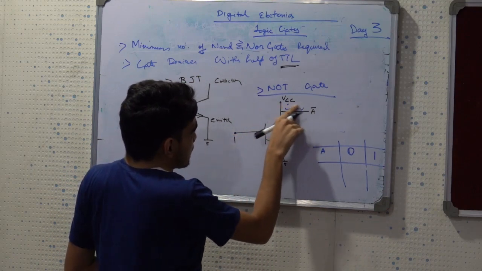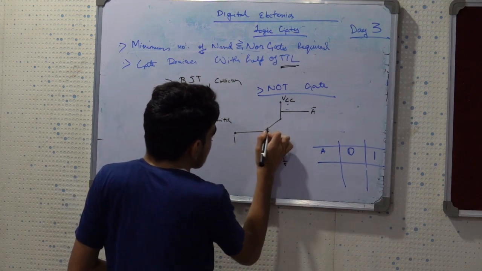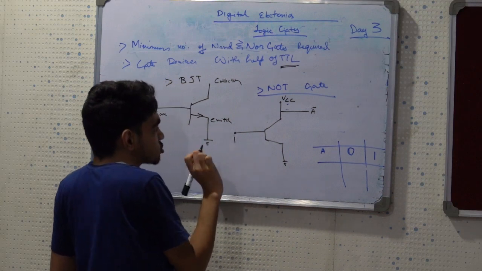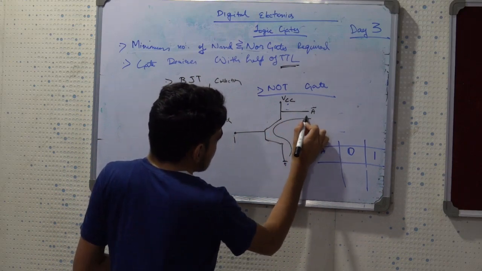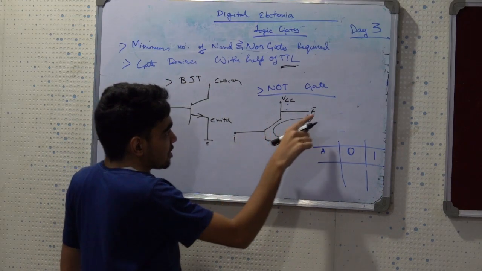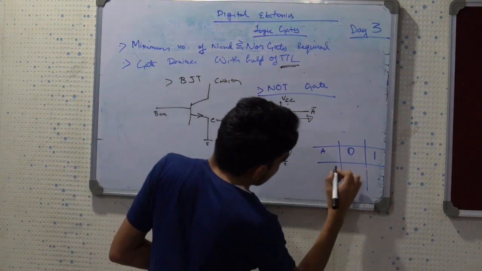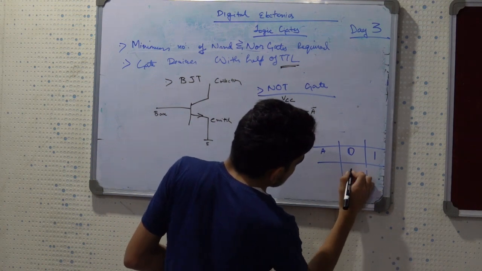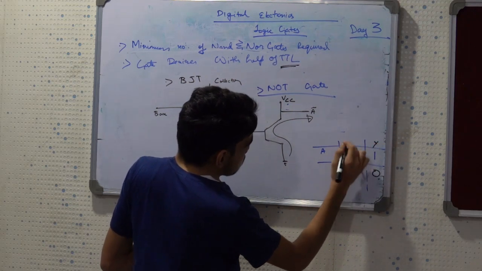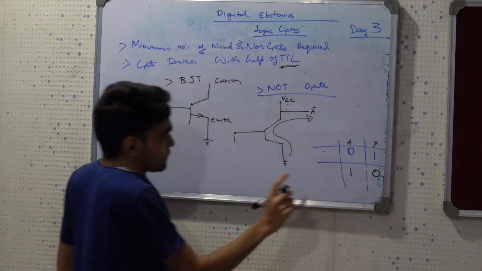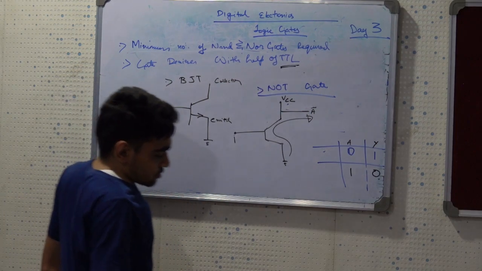When I take A as high, the BJT becomes short circuited, and then this ground terminal will be working, and the output will be tending to low, meaning tending to 0. So whenever I have this input as high, the output is low. So this is a typical NOT gate truth table. This is how we are designing a particular NOT gate.